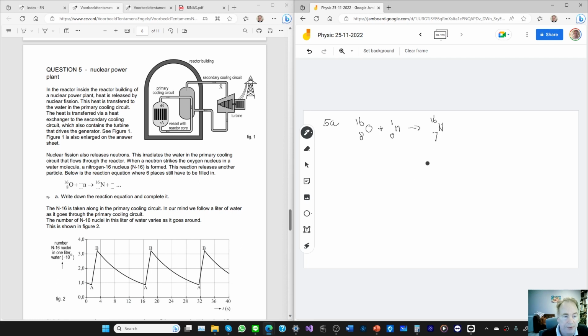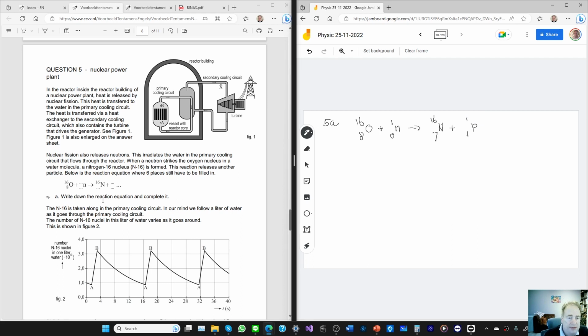You can look it up. That means that we need something with 1 proton and a total mass number of 1. Well, what is that? That can only be a proton, or a hydrogen nucleus.